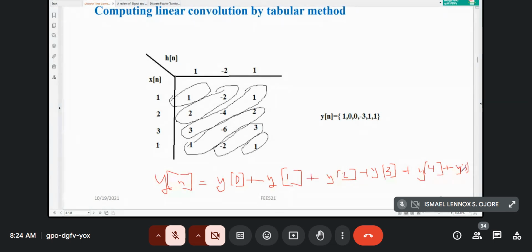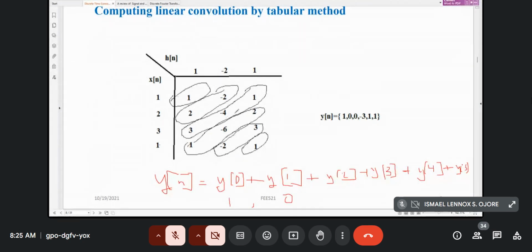And what we are saying, this is y of 1, because this 1 is just alone. Y of 2 is 2 minus 2. I mean, it's 2 plus minus 2. So this will be 1. This will be 0.